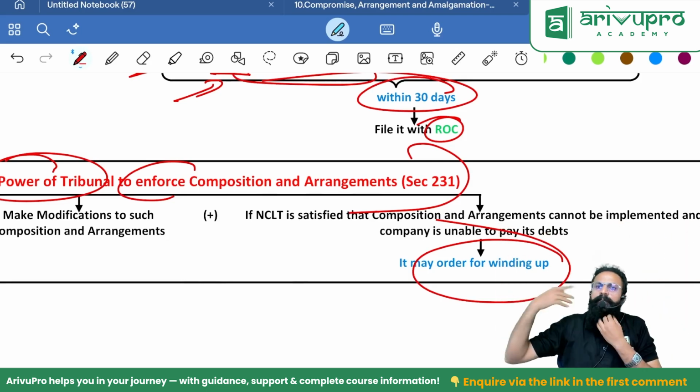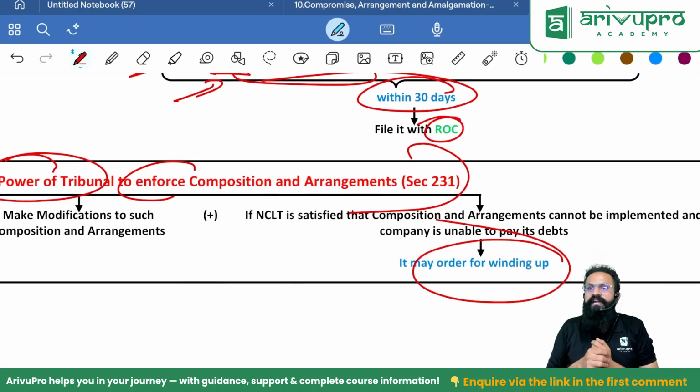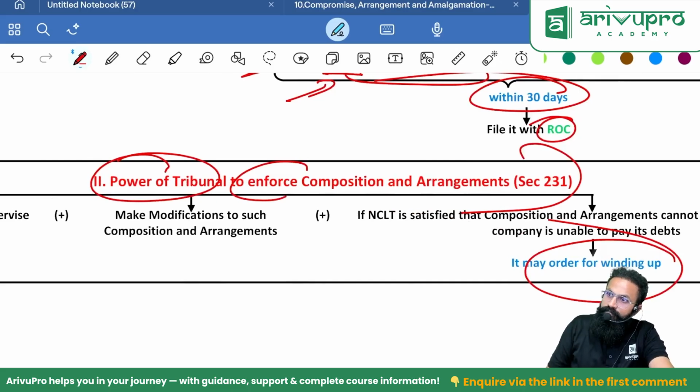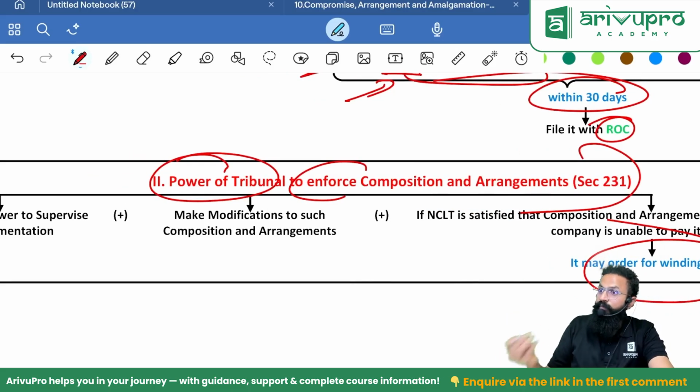Section 231, power of the tribunal to monitor or supervise the compromise and arrangements passed in section 230. Will this modification by the NCLT be only in timings or in the approved scheme? No, it can be the approved scheme. Whatever is not being able to be implemented, anything can happen.